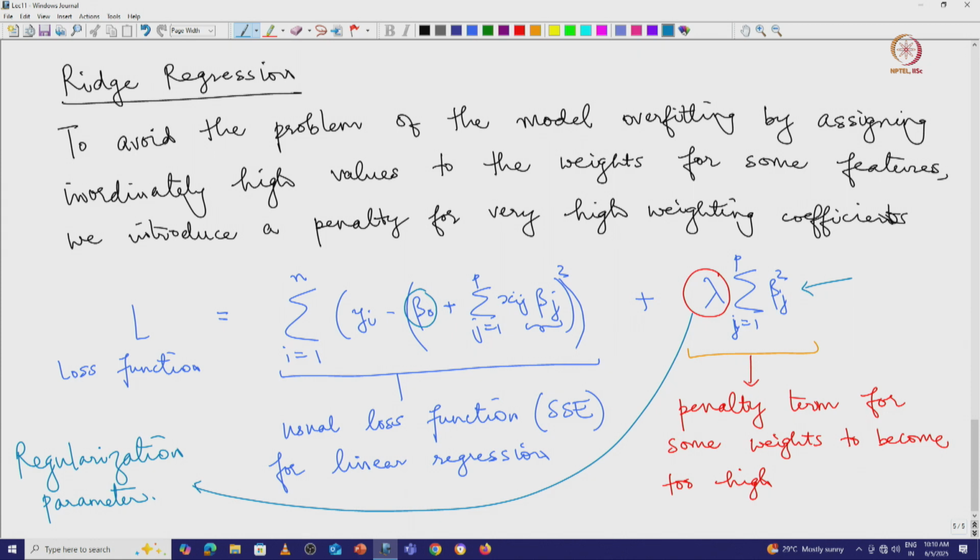So if you are trying to predict a target which has high values, then beta naught will obviously be high, and we need not penalize that particular value of beta naught.